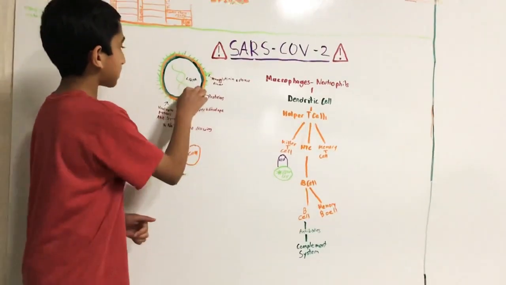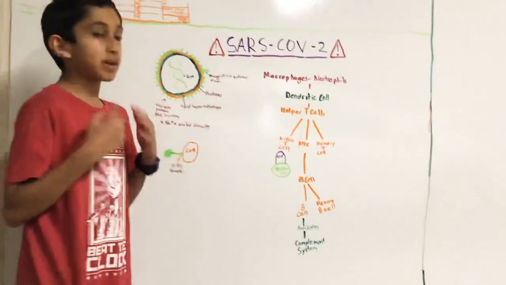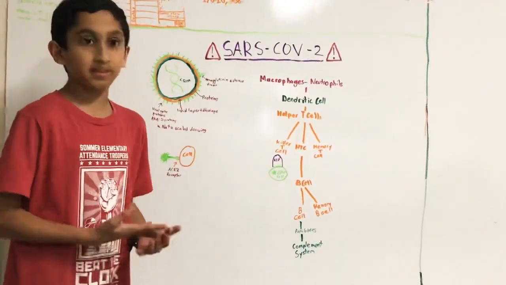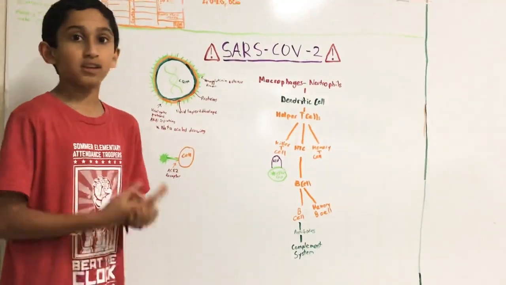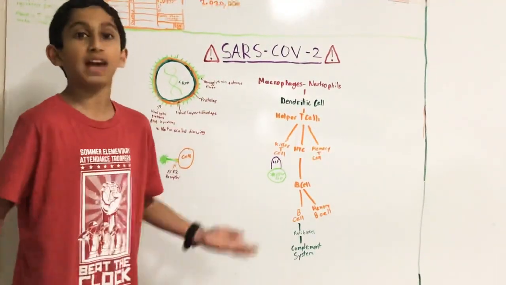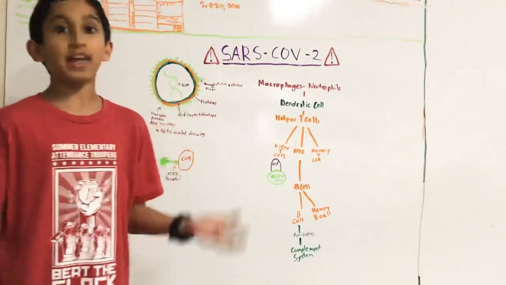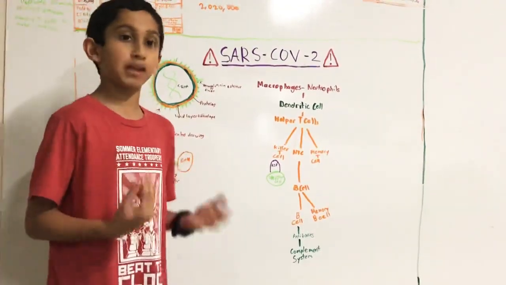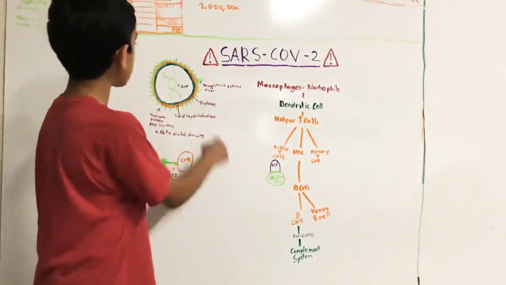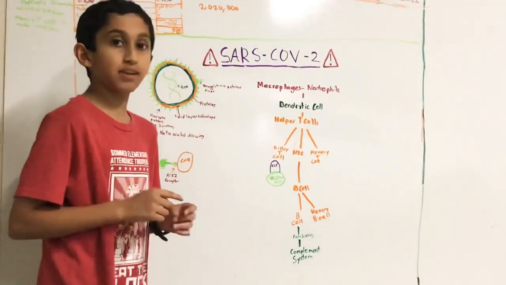Next we have the proteins, and we all know that the virus definitely is going to need those to survive and use as a capsid, which is basically the layer of proteins. And then, debatably the most important part of the virus, we have the genetic material.